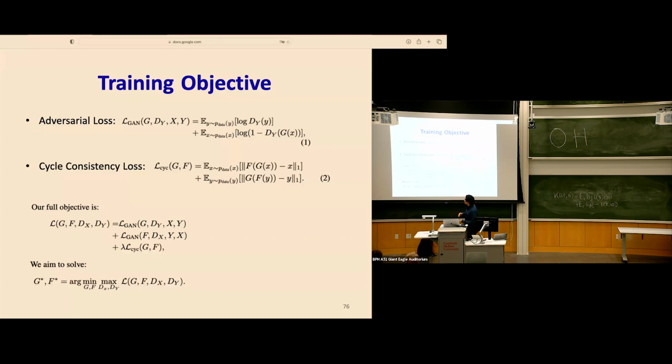And these are the two different cases that we have. When we combine both of these together, we get the full objective. And then we again aim to solve this argmin function, the min-max function that we have.